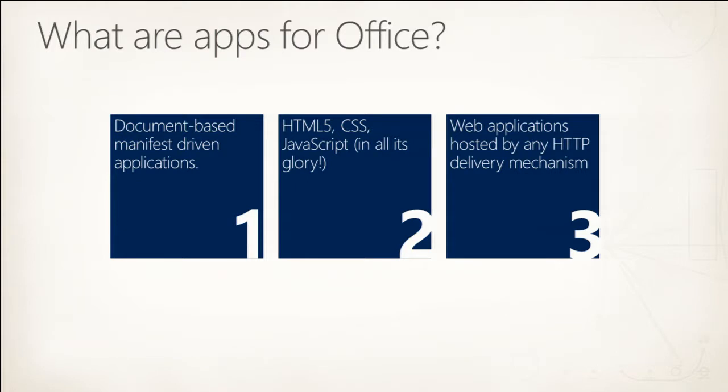That's all apps for Office are. And 3, they have to be delivered to a consumer via some HTTP-based mechanism. And that can be any HTTP-based server you choose. So we have the capability to acquire the manifest from some catalog. You have the ability to serve up the functionality within the application. And 3, we have the ability to acquire that functionality from some HTTP-based server.